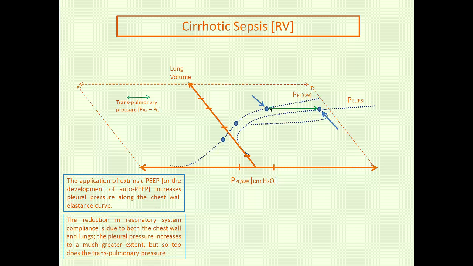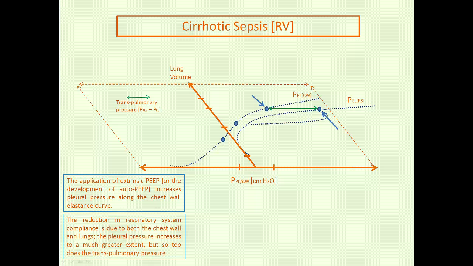And the alveolar pressure less your pleural pressure or intrathoracic pressure, well, that difference is your transpulmonary pressure, and that is your right ventricular afterload. So again, because of the diminished chest wall compliance, the increase in intrathoracic pressure tends to decrease the transpulmonary pressure, and therefore that tends to lower the right ventricular afterload.